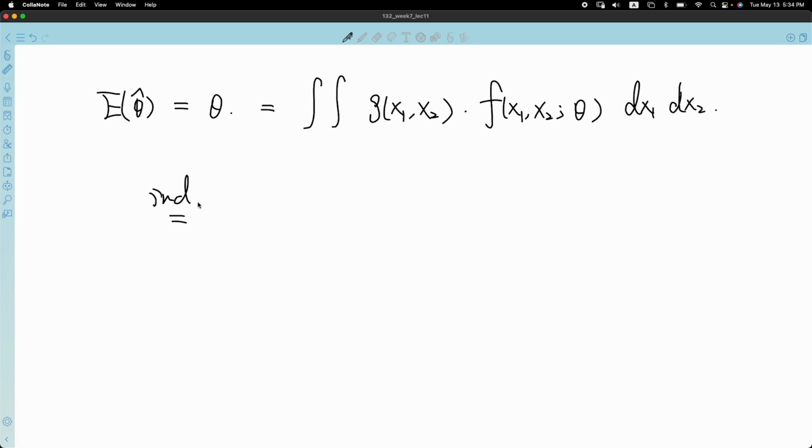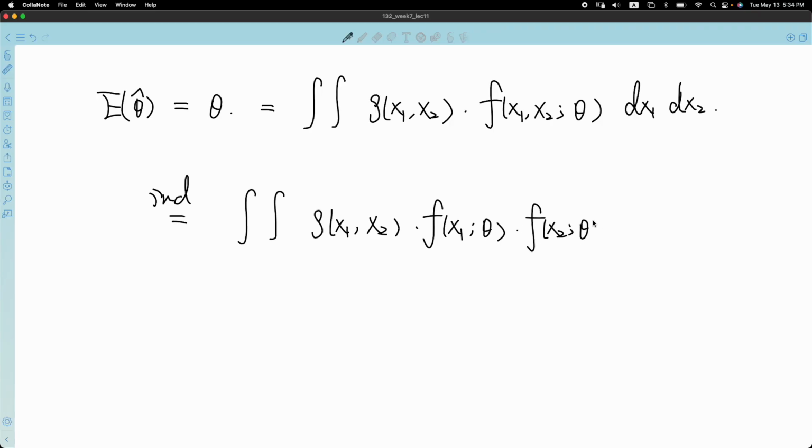Due to the independence, we can write the density function as the product of the individual densities. I'm just rewriting the joint density for x1 and x2 as a product, because your data is collected independently.